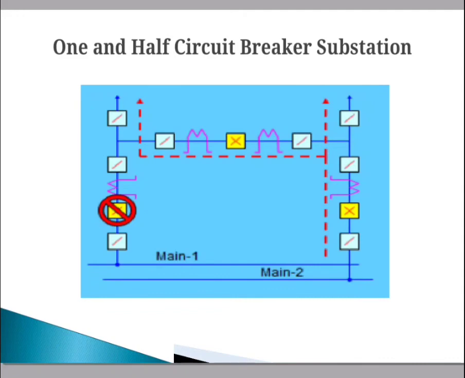High security is involved alongside the loss of supply. There is a possibility of operating only one pair of circuits or a group of circuits. The circuit breakers have a complex arrangement and higher costs are involved.